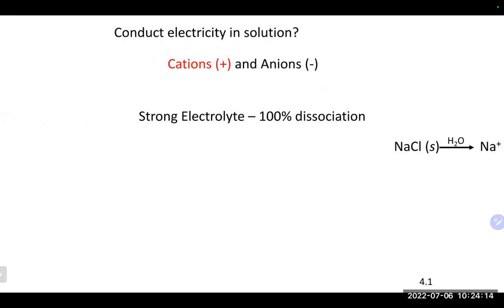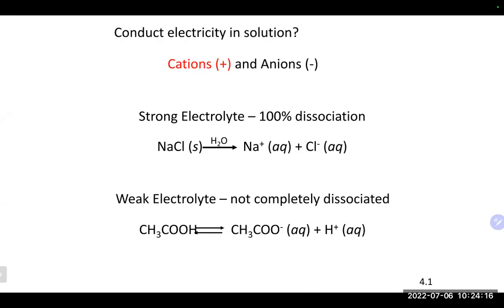All right. So as we talked about, it is those ions that help conduct electricity. So most ionic compounds are pretty much strong electrolytes. Most ionic compounds, when they go for a swim, will pretty much 100% break apart into the ions in solution.